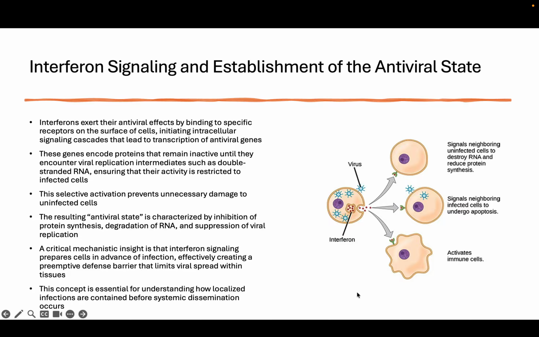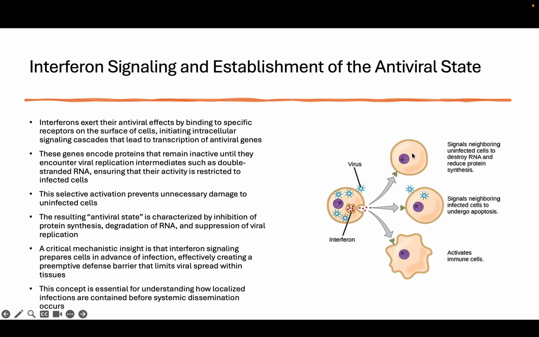But the cool thing about this is that, let's imagine that you have this infected cell. This infected cell pushes the PRRs to produce interferons. Interferons are released and they bind to other cells. So these cells are now stimulated with their ISGs, but the proteins being produced are not active. They're there, but they're not activated. They will only get activated once they bind to a virus, once their PRRs are activated.